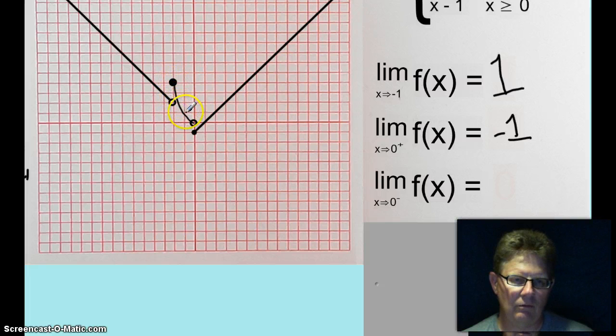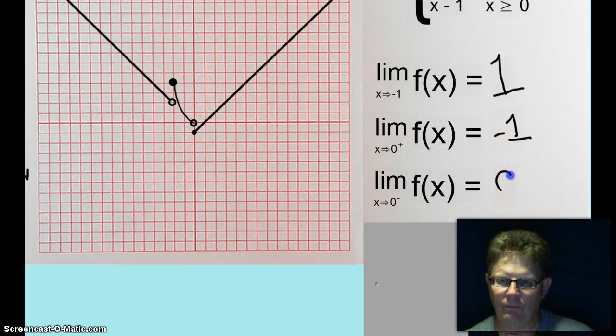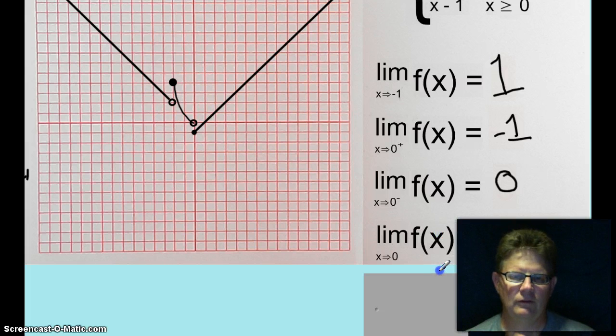It looks like it's coming down right here. It looks like it's going to be 0. So, what is the limit of f of x as x approaches 0? Hey, didn't we just talk about that? Does not exist. That limit does not exist because it's not the same from both the left and the right.